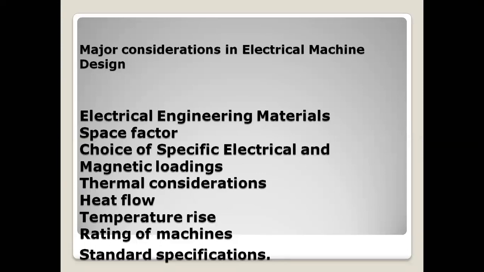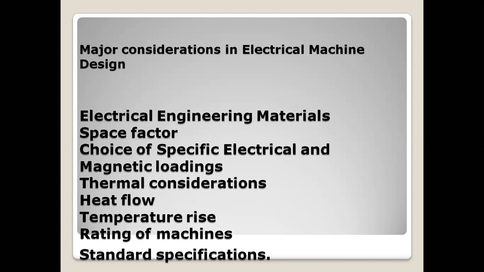After that you have thermal considerations, because as you know, when every machine starts working, it produces certain losses, and these losses generally appear in the form of heat. So the machine gets heated, and if this heat is not extracted, the machine will get damaged. So in order to remove the heat, you require certain thermal considerations.